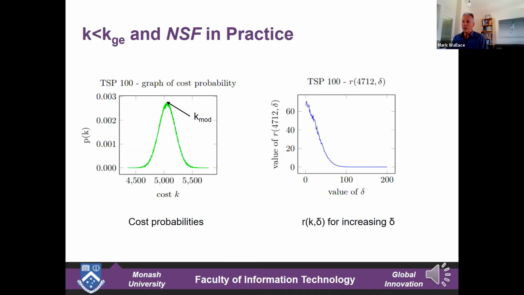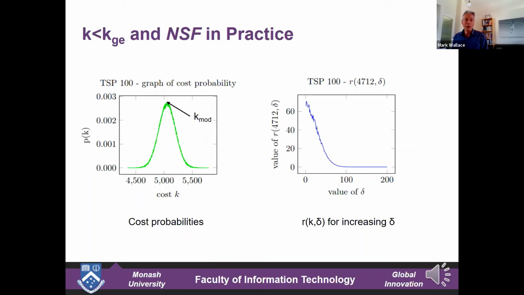What you do see is that these slopes are clearly there, but they're not completely monotonic. And we want the conditions for the theorem to hold. We want these things to be monotonic. We want RK to be monotonically decreasing as delta increases. What we can do for any arbitrary problem is, instead of taking individual fitnesses, consider fitness ranges.